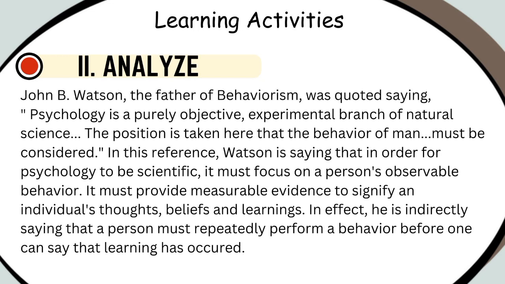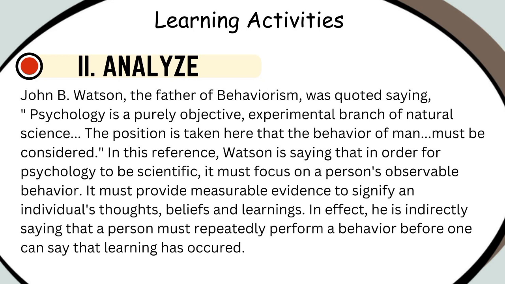John B. Watson, the father of behaviorism, is quoted saying, "Psychology is a purely objective experimental branch of natural science. The position taken here is that the behavior of man must be considered." In this reference, Watson is saying that in order for psychology to be scientific, it must focus on a person's observable behavior.